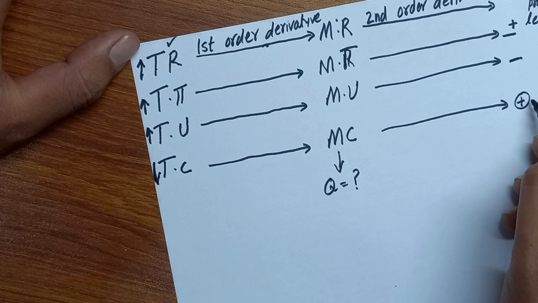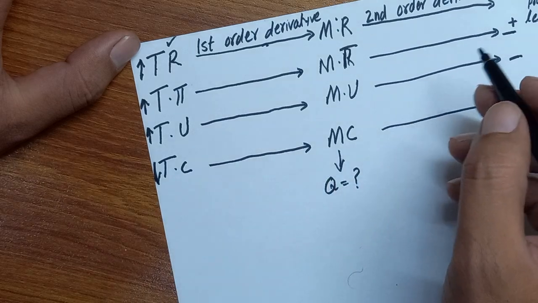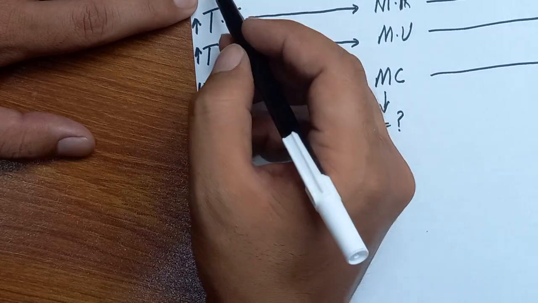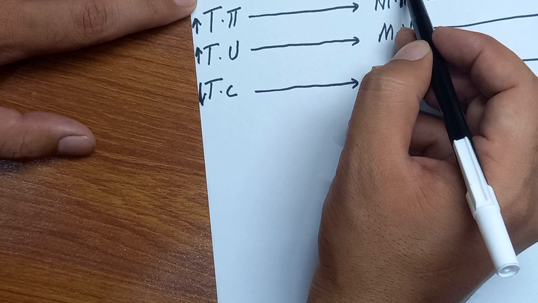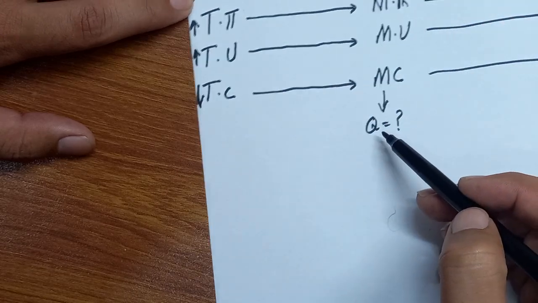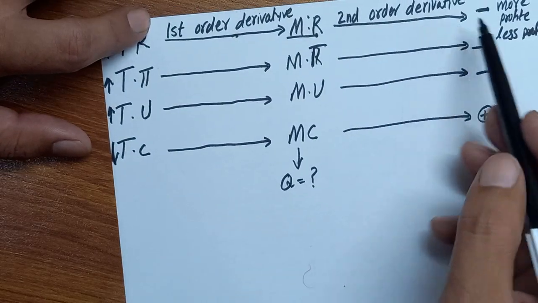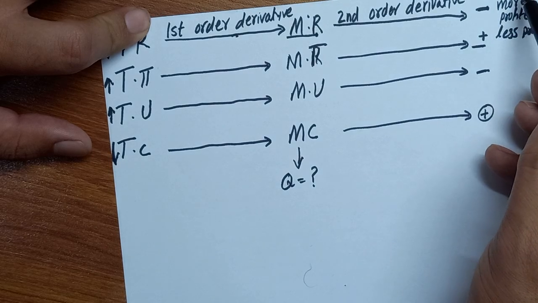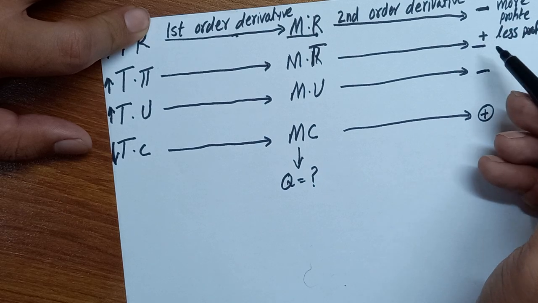If this is positive, it means less cost, less costly. So let's say we are going to find the total revenue, then we will find the marginal revenue. From the marginal revenue we will find the value of q, and then we will take the second order derivatives, and then we will find at which point the revenue will be optimal.